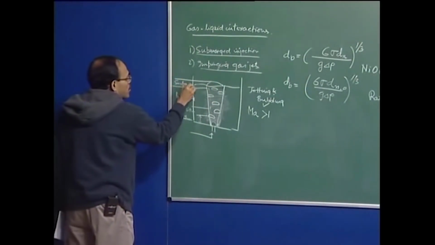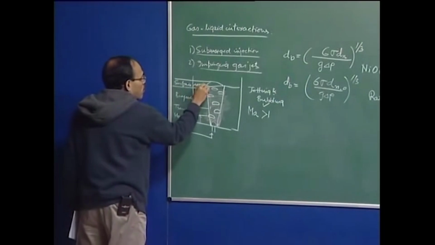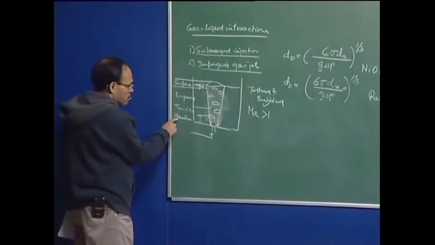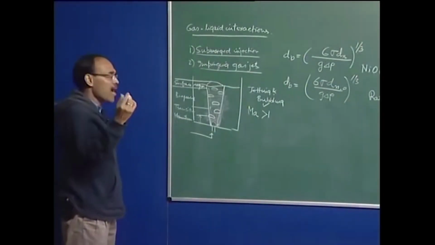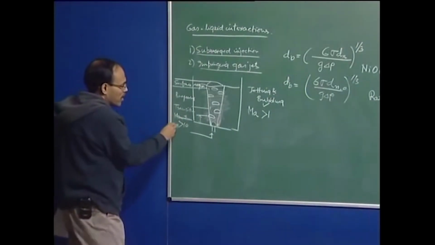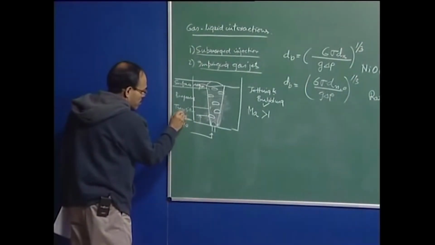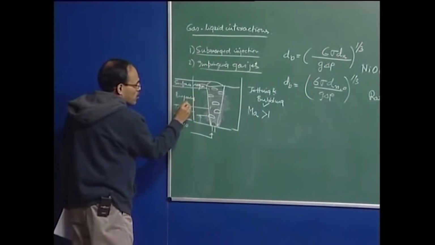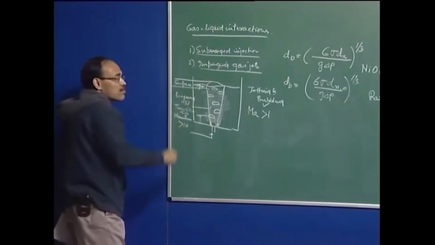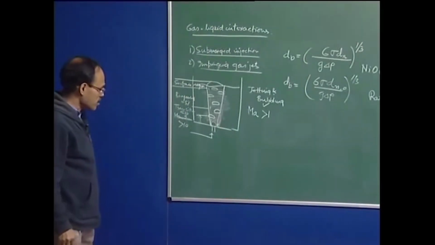So, these are the 4 regions in which the flow regimes are characterized. In the momentum region, gas voidage is very high, more than 10% or so. In the transition region the gas voidage is less than 10%, in the buoyancy region approximately 2 to 5%, and in the surface region we have a very small gas voidage.